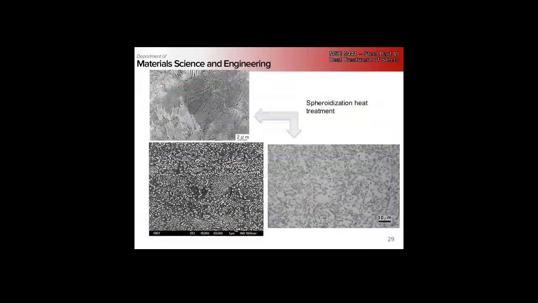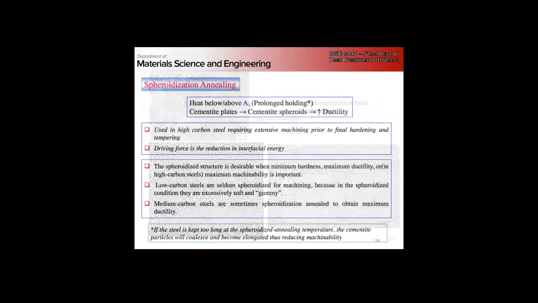And this is done to make things easier to machine. This is done pretty much just for alloy steels or high carbon steels, because these systems are hard, and so when we need to machine them, they're typically given a spheroidization treatment first, machined into shape, and then reheat treated to get the final microstructure they want.